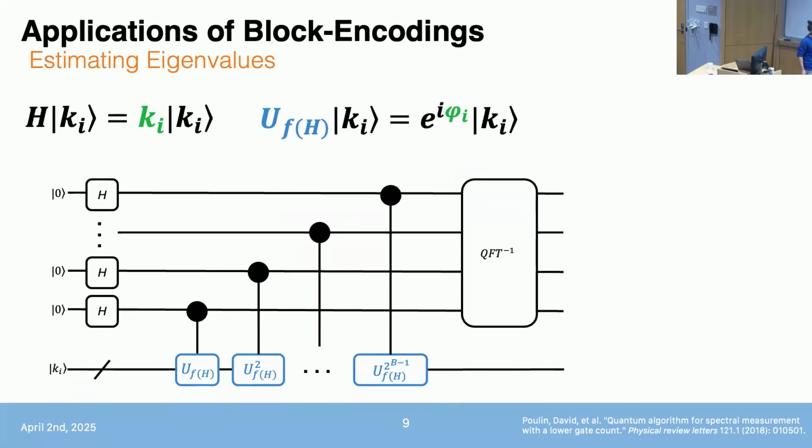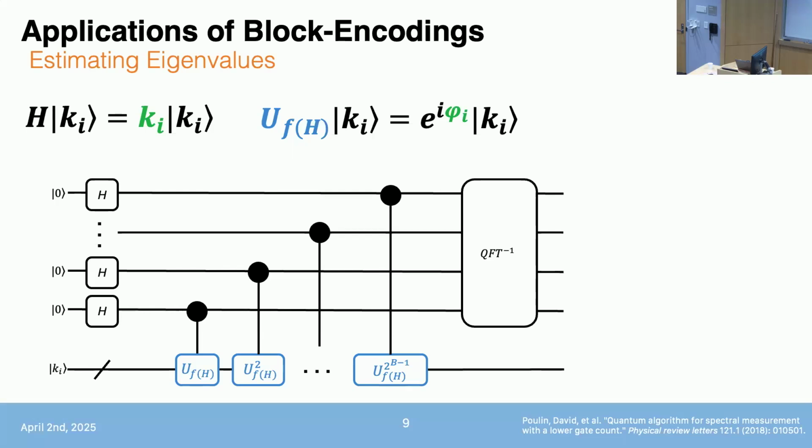So coming back to quantum phase estimation, right? And actually, who here has seen the quantum phase estimation circuit? Sweet. Okay. So the basic idea is that if I have access to a unitary that implements a function of my Hamiltonian, or a function of my operator, sorry, I can use this circuit to estimate the eigenphase associated with the eigenstate that I input.